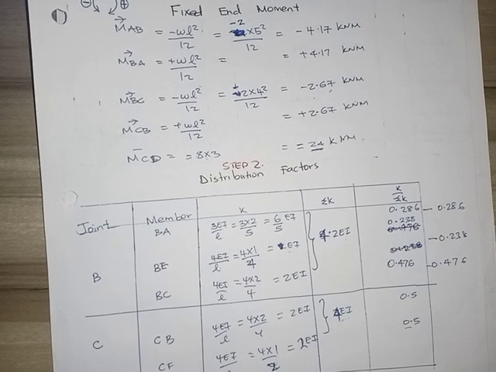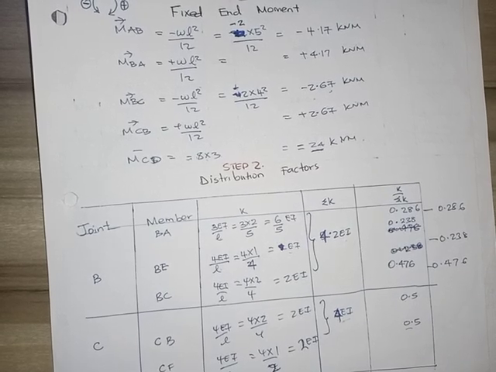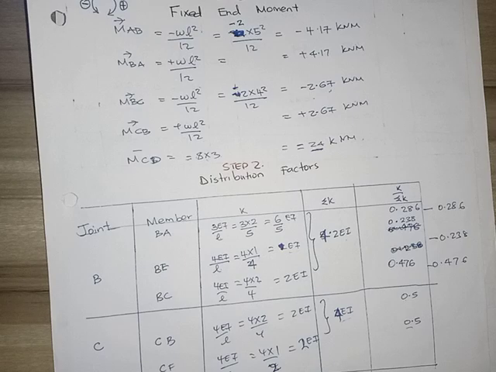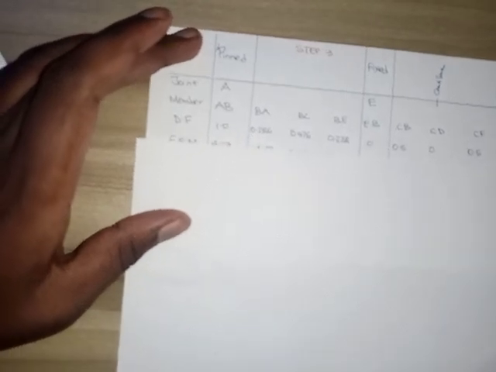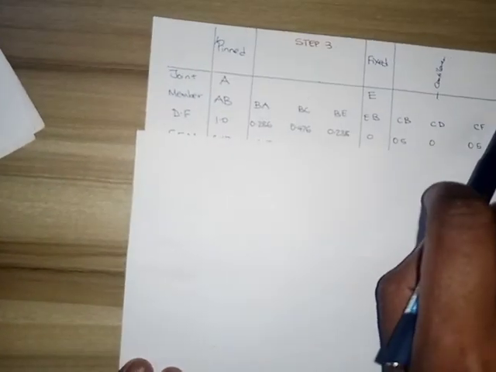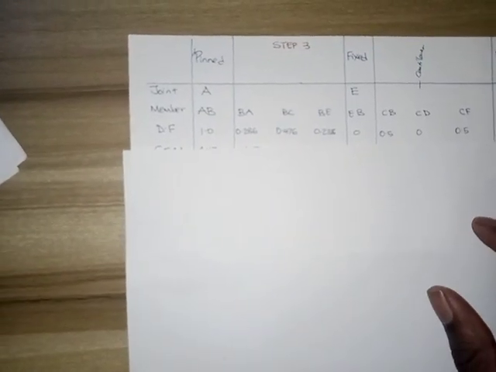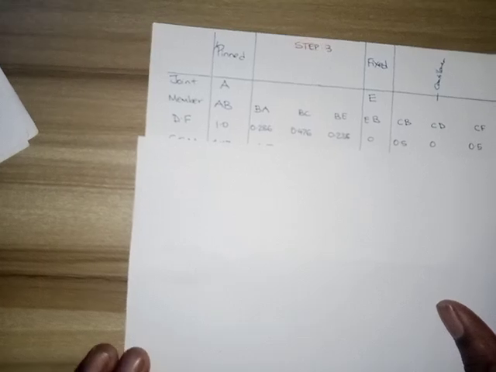Good. So the next step now is to do the moment distribution, and for that I've prepared another table here. So you have the joints or the supports. You have supports A, E, and F. Remember, CD is a cantilever, so we are going to include it here.